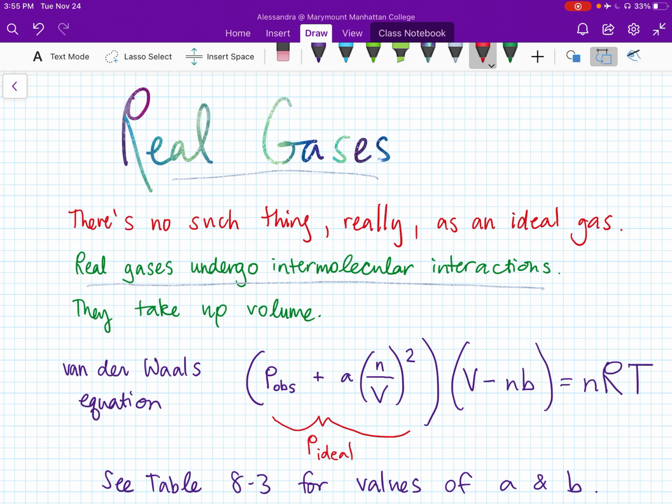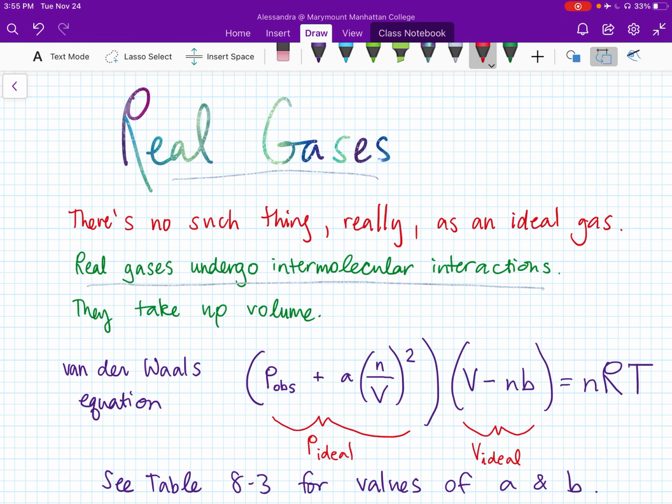The next term takes the volume and then subtracts this factor B. B is a volume correction factor multiplied by the number of gas molecules. And what that does is it corrects the volume so that we can have the ideal volume.